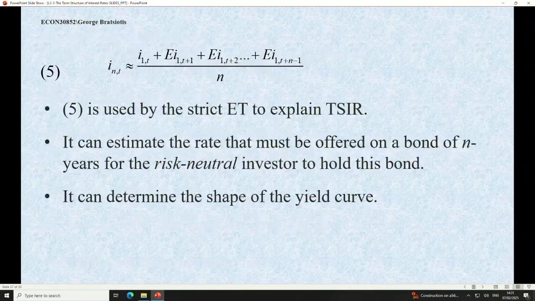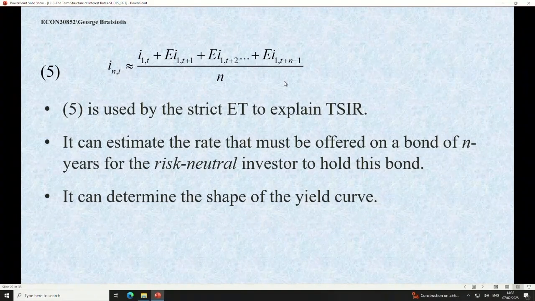But what does that say? That if I'm a rational agent, and I believe in the expectations theory, that we all take expectations more or less in the same way, then the bond rate offered on the n period maturity should be equal to the rate that I can see today, and then all the expected rates of one period in the following period, and the period after that, and the period after that, divided by n.